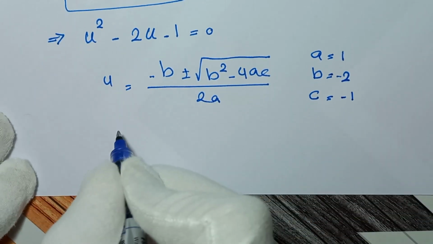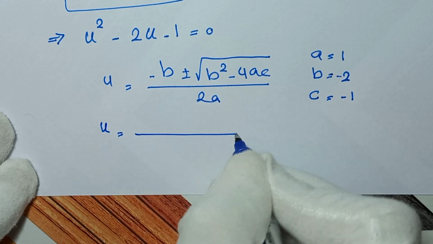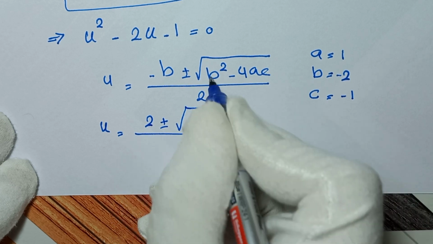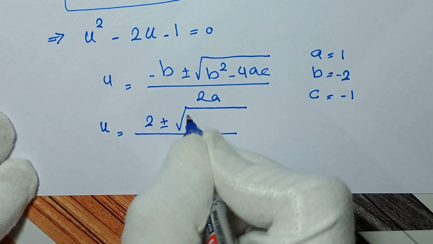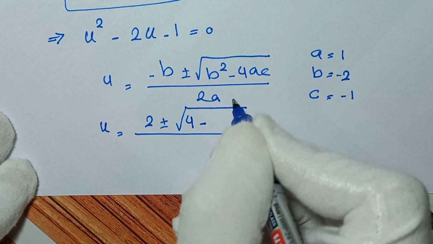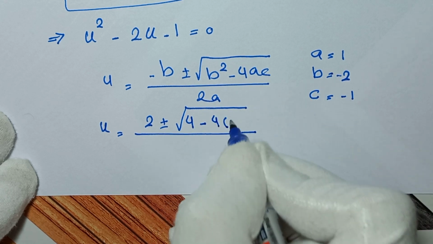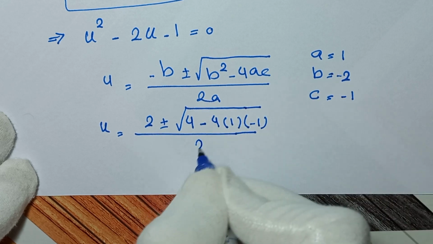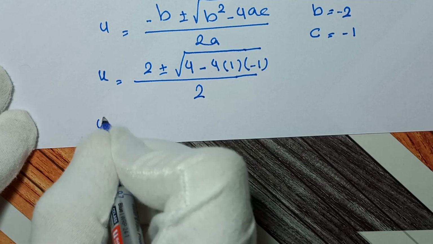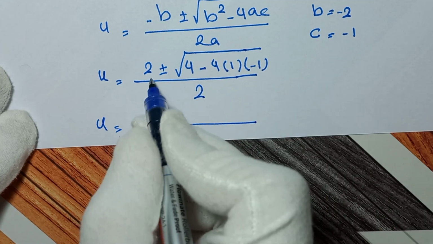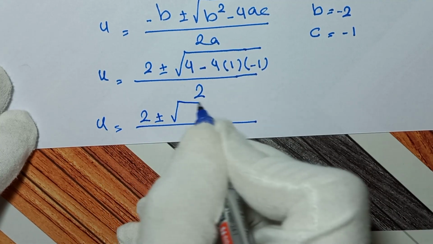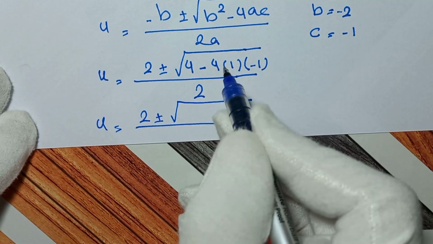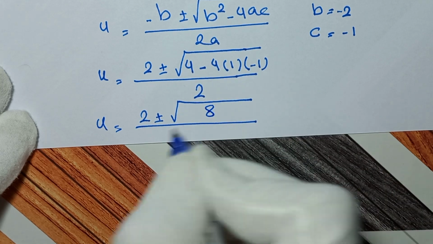So u = negative b, negative 2 is positive 2, plus or minus square root of b^2, negative 2 squared is 4, minus 4ac, 4 times a is 1 and c is negative 1, over 2a is 2. So here u = 2 ± square root of, negative 4 times 1 times negative 1 is positive 4, so 4 plus 4 is 8, over 2.